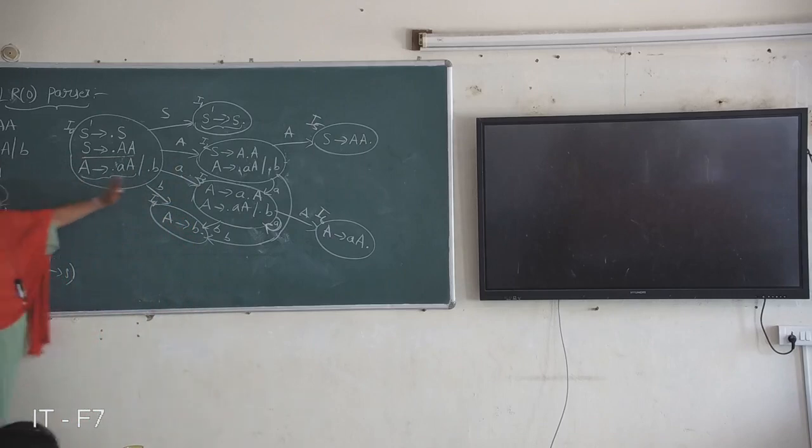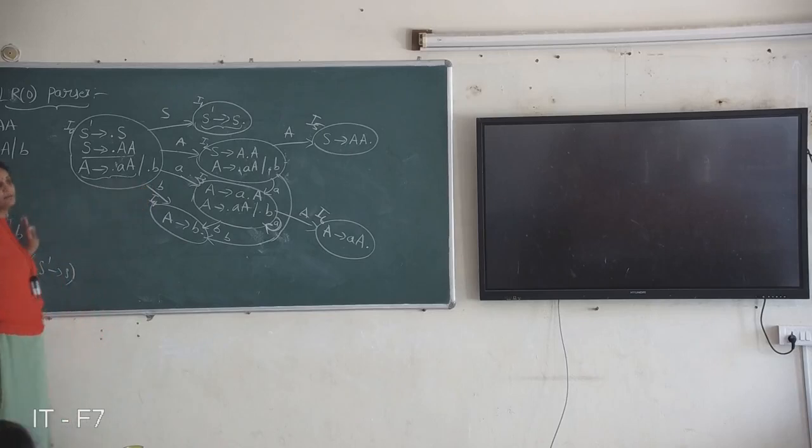So from this diagram, we have to draw the parser table. That is, a parser table is very important. So for the parser table, I will draw the structure first. Here you consider action, and goto.